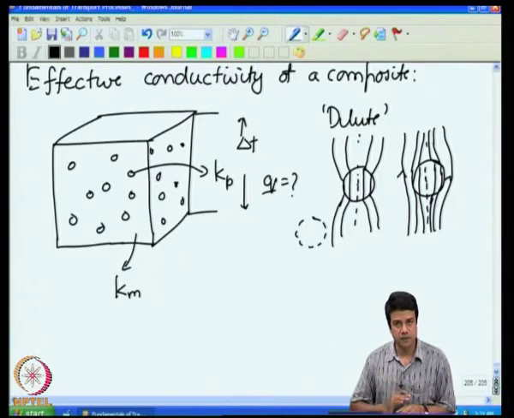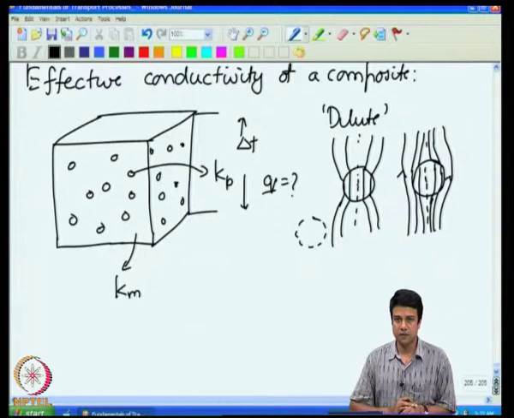That makes it a much more complicated problem. For the present case, I will assume that the particles are separated by sufficient distance that the temperature field around one particle is not affected by the temperature disturbance due to a second particle. That is what I mean by the dilute limit.